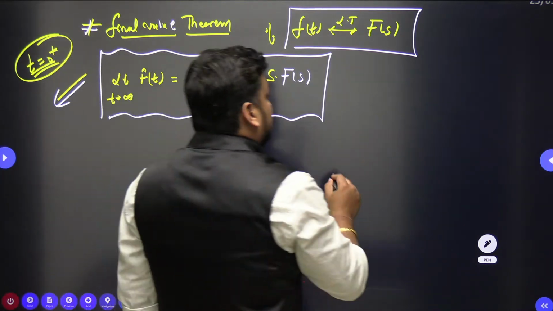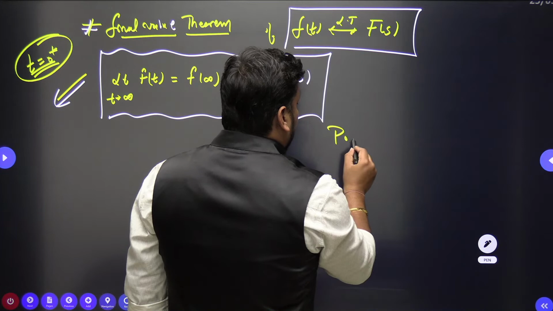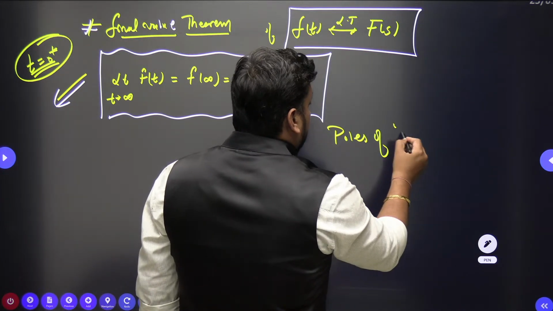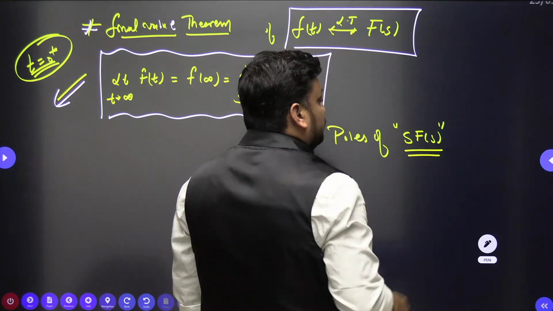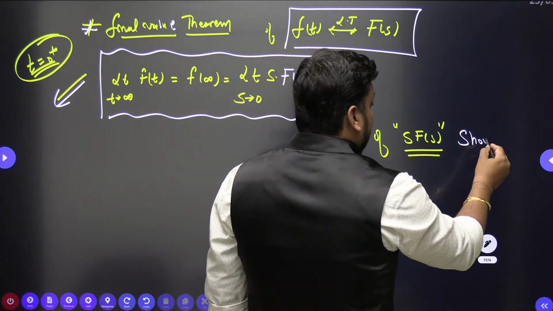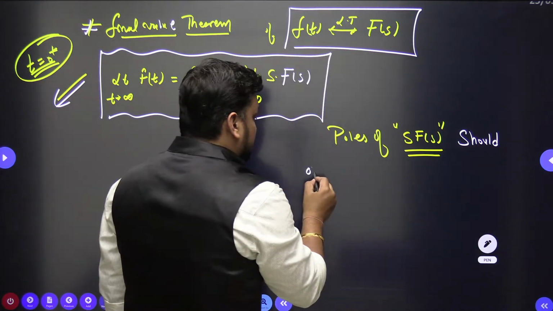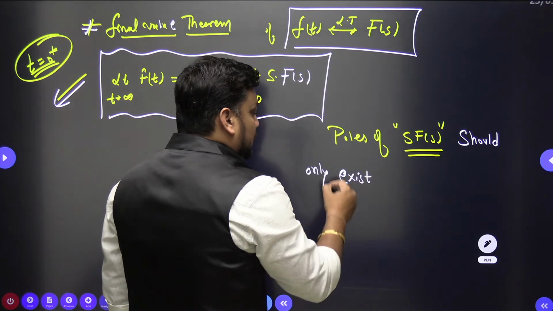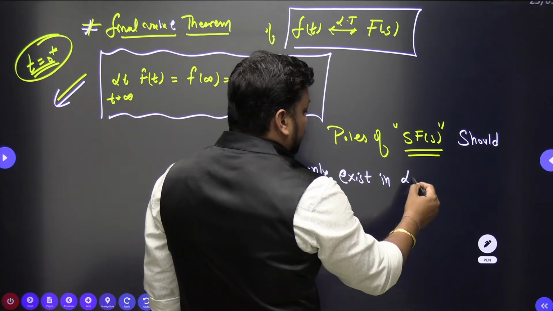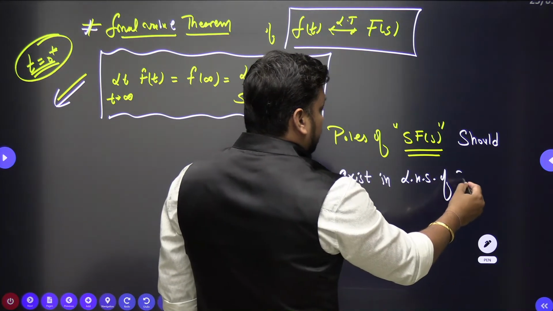So what is the condition here? The poles of the term sF(s) should only exist in the left hand side of the S plane.